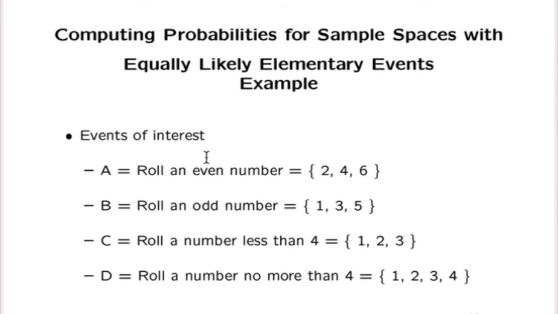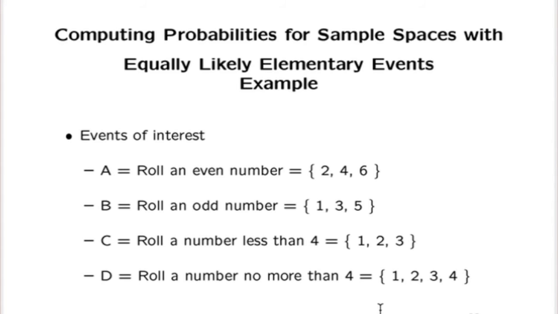Now, we looked at 4 events of interest. A was the event that we roll an even number. B is the event that we roll an odd number. C is the event that we roll a number strictly less than 4. And then D was the event that we roll a number no more than 4. Because under the assumption that the die is fair, the elementary events in the sample space are equally likely, we can compute the probabilities associated with each of these events.